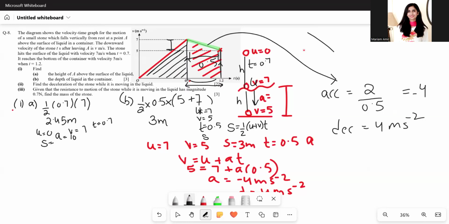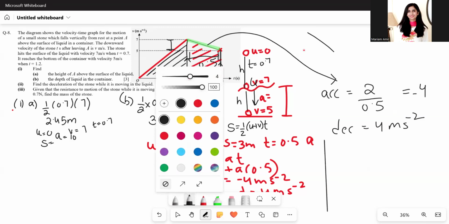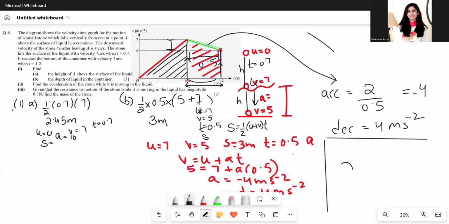Okay. Last part says that the resistance to the motion of the stone while it is moving in the liquid has a magnitude of 0.7 newtons. So let's draw the system. So here's a stone moving inside the liquid downwards, and there's a resistance to the motion. So that would be pointing upwards, 0.7 newtons.